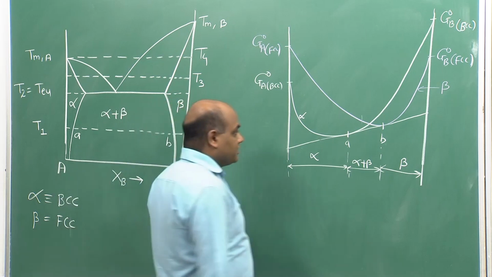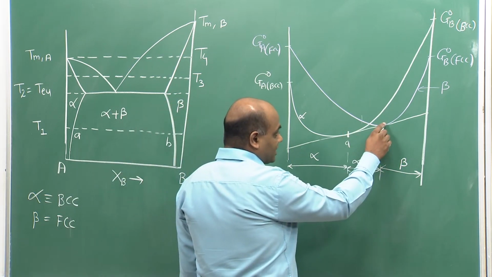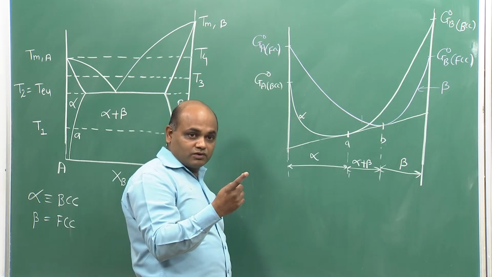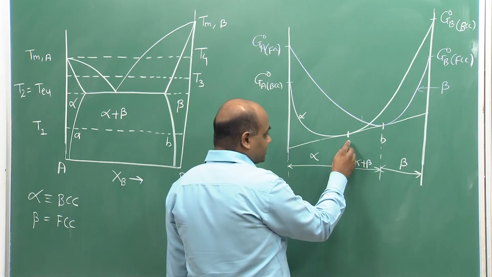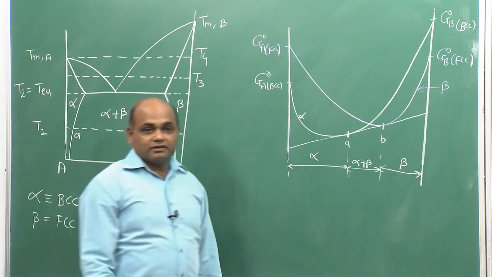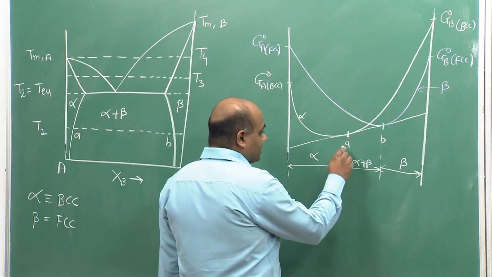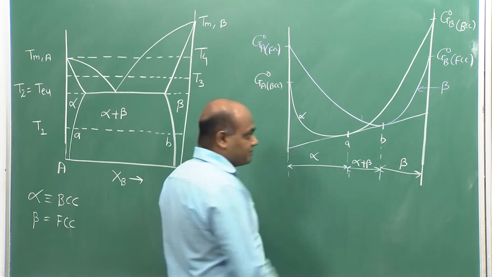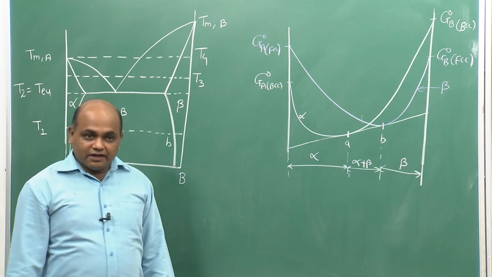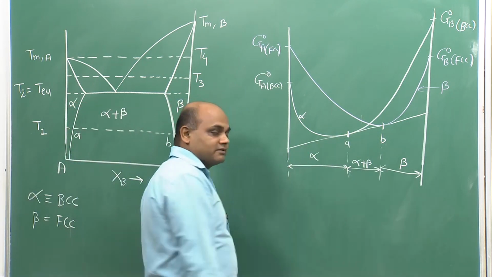We know any composition between A and B will be stable as two phase mixture, one with composition A, another with composition B. So, I need to know the chemical potential of A, for example, in phase A and in phase B, and it will be given by the tangent.